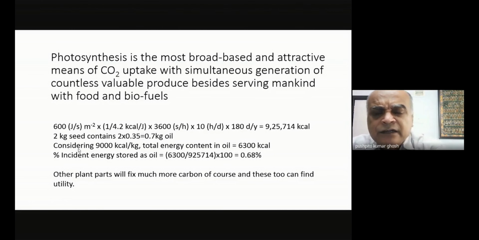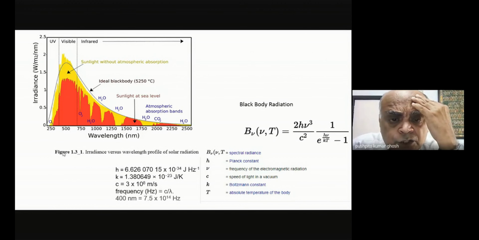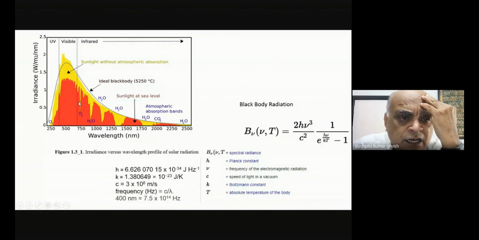And that typically is the kind of efficiency that is reported for photosynthesis. It could have been more, but all parts of the spectrum are not useful for the plant. Like this part, infrared radiation, is not useful for the plant. Radiation which is closer to the ultraviolet is not useful to the plant.